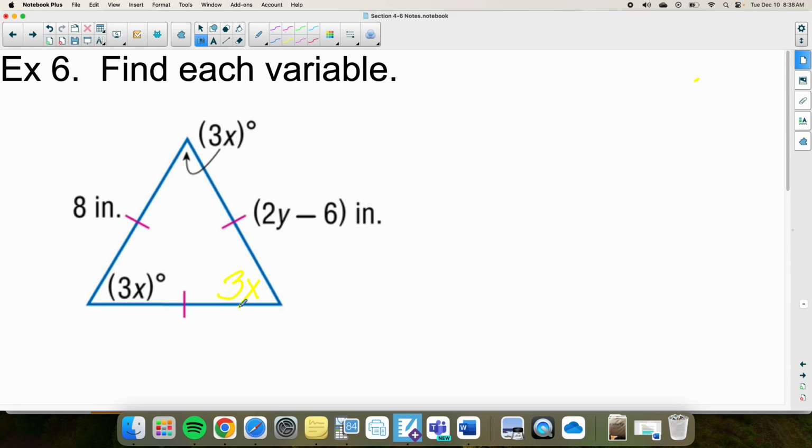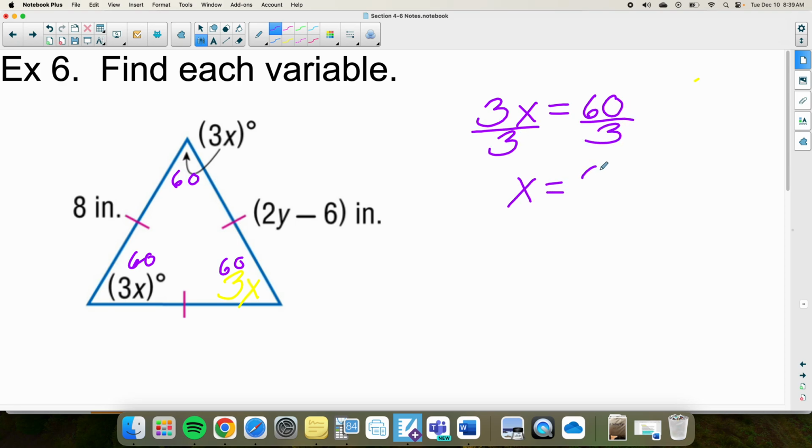Do I also know how many degrees they'd each be? They'd all be 60, right? Each of these would be 60. Because my three sides are equal, my three angles are going to be 60. So how I could find x is just go 3x equals 60, divide by 3, and x is 20.